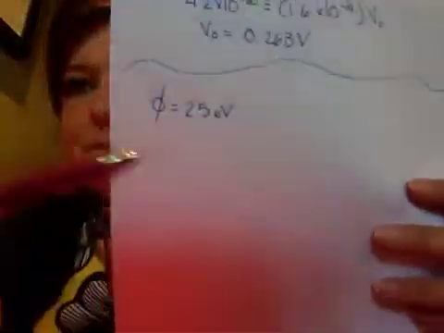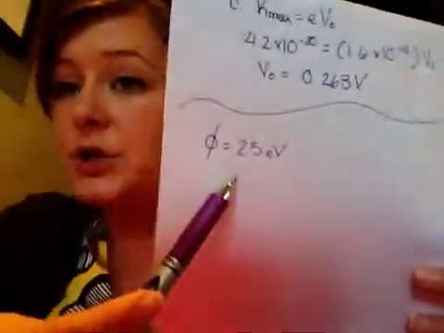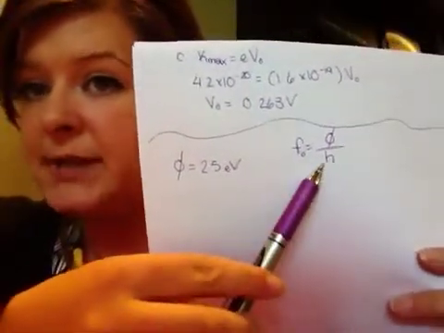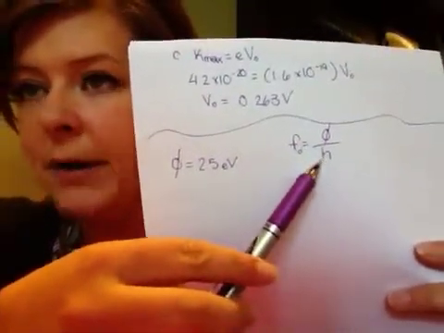But now we don't want that in electron volts, we want that in joules. So I know right now my theta equals 2.5 electron volts. I am trying to find that cutoff frequency. So I know my formula is frequency equals the work function over h, which is just Planck's constant. Do we know this number already?